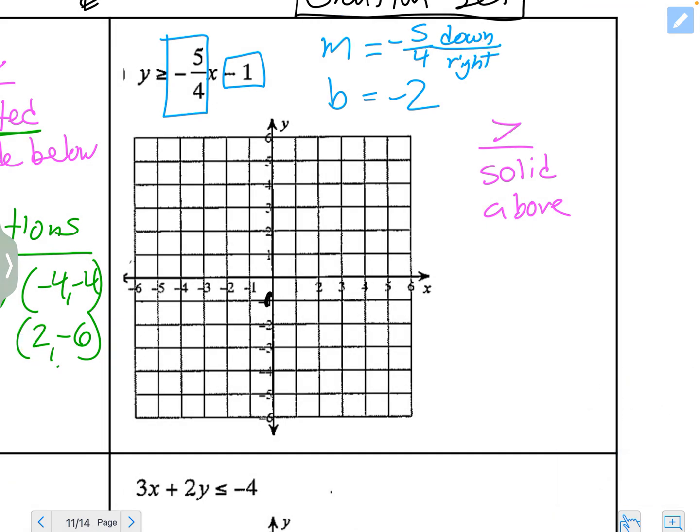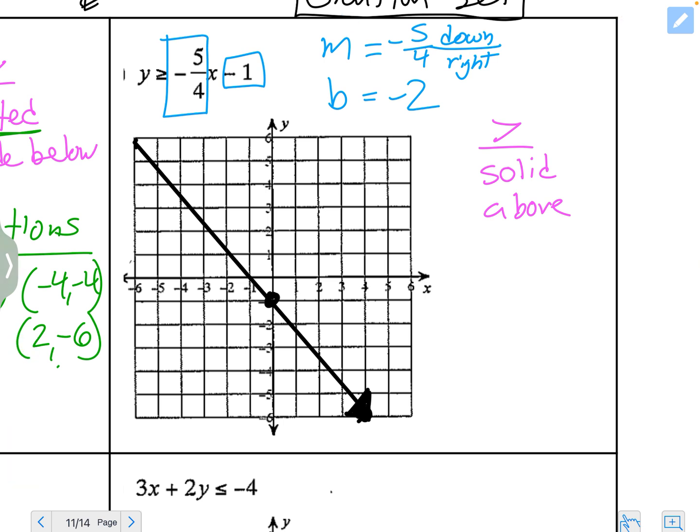So we're going to start at -1. Go down 5, 1, 2, 3, 4, 5, right 4, 1, 2, 3, 4. And sometimes you can only fit 2 dots on there, and so you can make it work with 2. This is going to be a solid straight line, and so it's going to look like that.